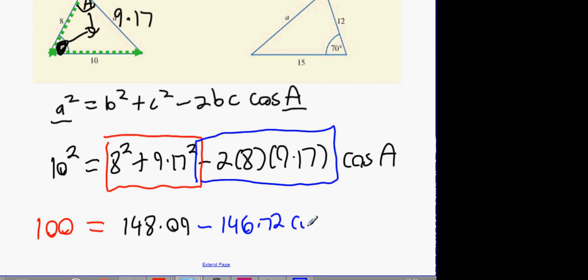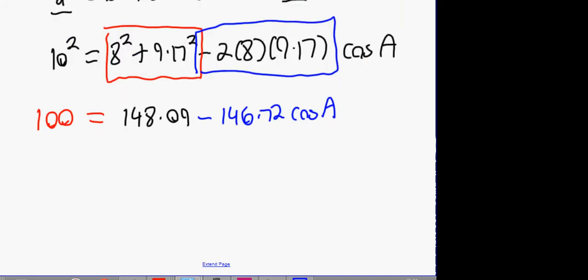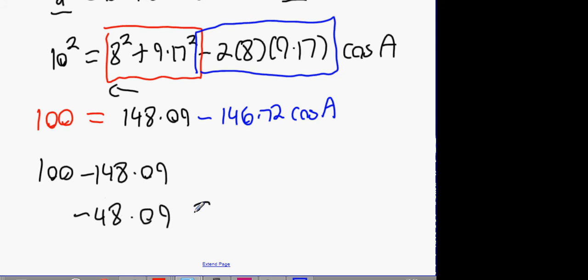146.72 cos A. Now guys, you're looking to separate A on its own. Do you understand that? To separate A on its own, here's what you do. You take away 100 minus 148.09. You get minus 48.09. This minus 48.09 is equal to minus 146.72 cos A. Take away the minuses on both sides.